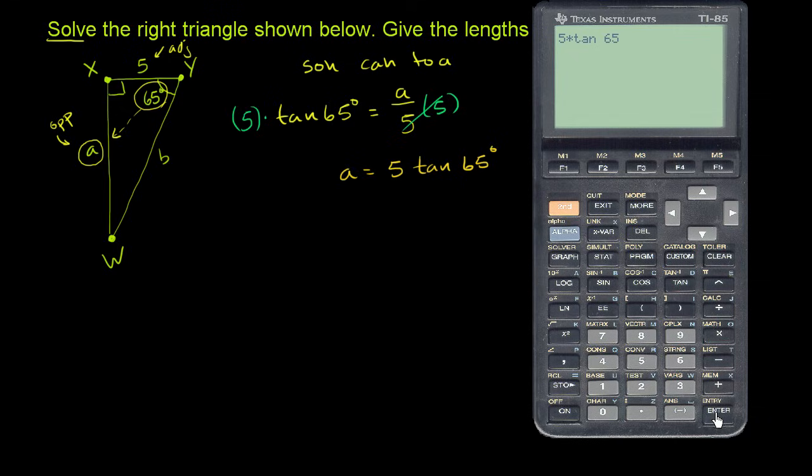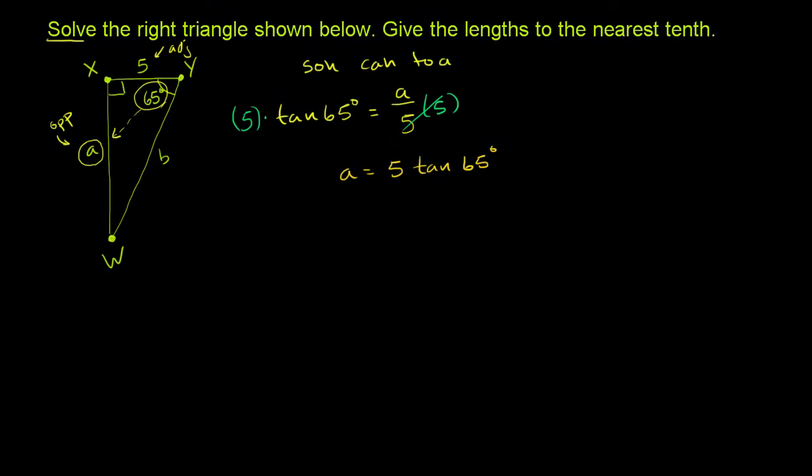And if I round to the nearest tenth, like they asked me to, I get 10.7. So A is approximately equal to 10.7. I say approximately because I rounded it down. This is not the exact number, but A is equal to 10.7. So we now know that this has length 10.7 approximately.